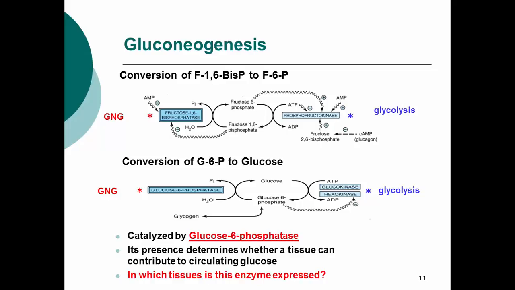And I mentioned that glucose 6-phosphatase is present in liver and kidney, but not in skeletal muscle. So that's the reason liver and kidney can do gluconeogenesis and release glucose into the circulation, and muscle does not directly contribute glucose to the circulation.